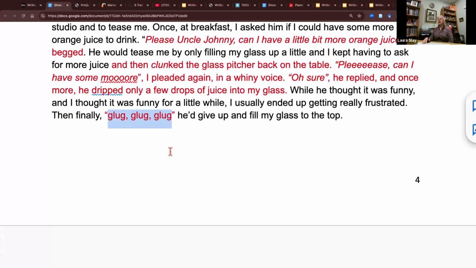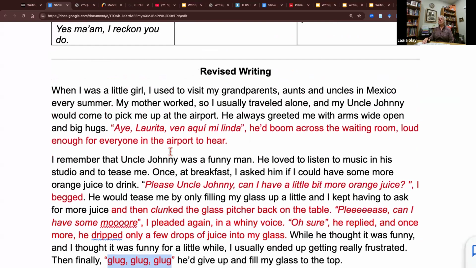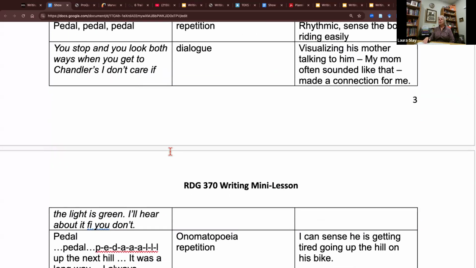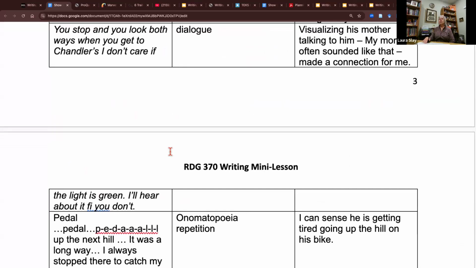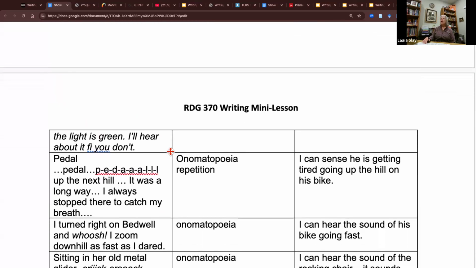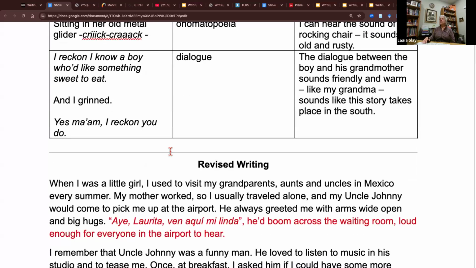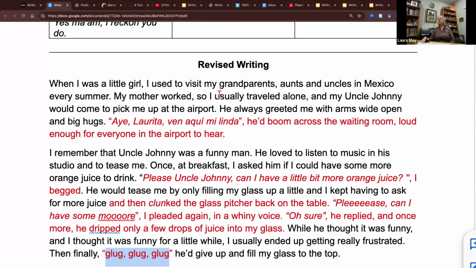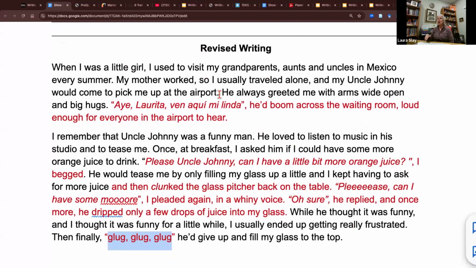So that's just a sampling of taking a piece of original writing through the process of modeling and mentoring using a mentor text, a way to elaborate a piece of writing, showing children specific strategies on how to do it, what it looks like, what tools they can use to apply to their own writing, and then a sample of what that looks like when you take them to the end product.